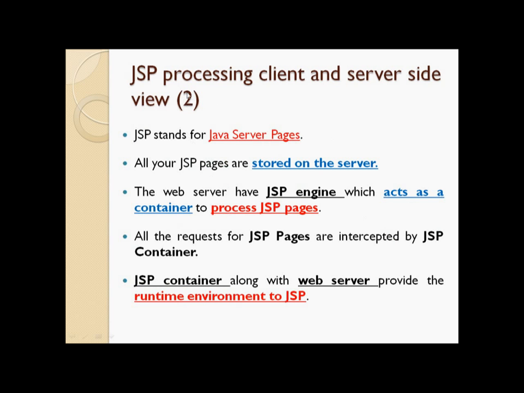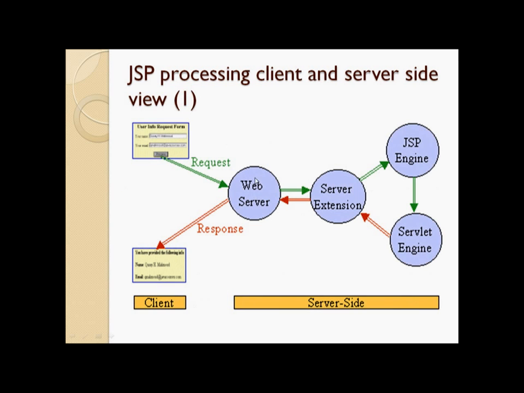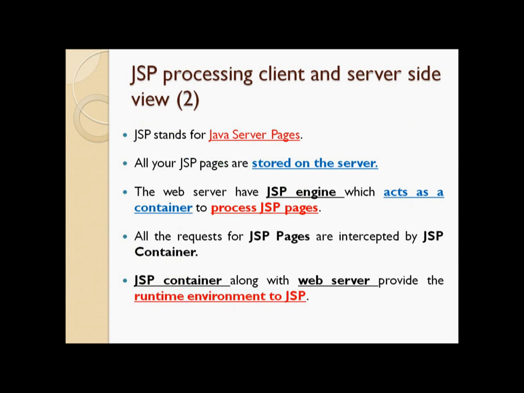So here you can see JSP stands for Java Server Page. Why do we call it Java Server Pages? Because here you can see the web server. The web server keeps a container which is called the JSP container, where all the JSP pages will be kept or stored, and a JSP engine which acts as a container.